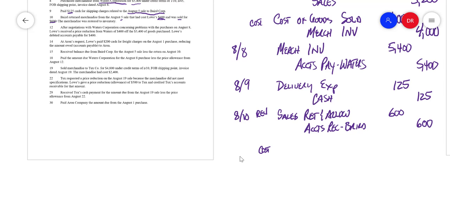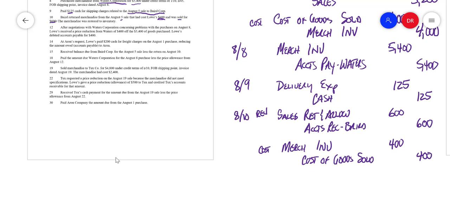So the debit here, because we're taking the merchandise back and returning it to inventory, because that's what they tell us, we're debiting merchandise inventory for $400, and we're crediting cost of goods sold for $400. Okay. All right.